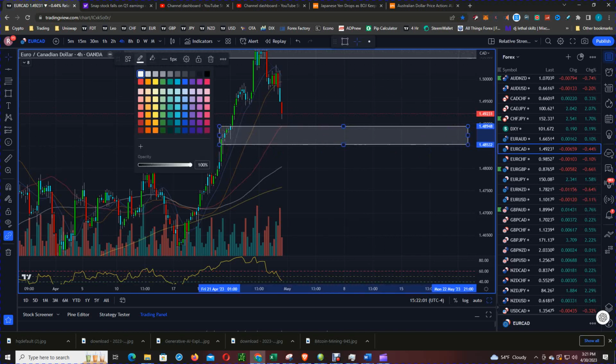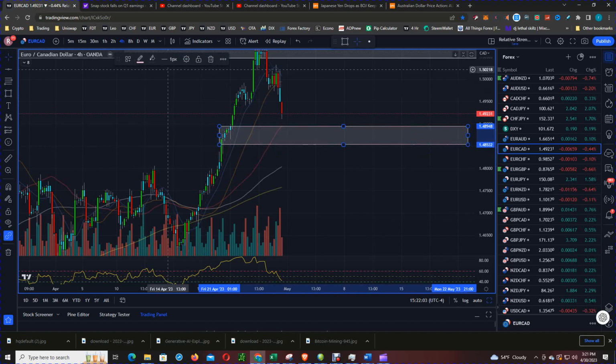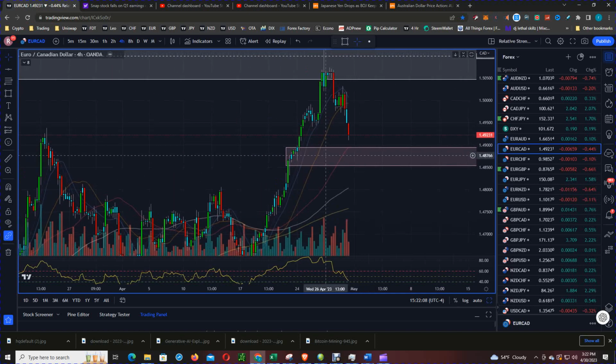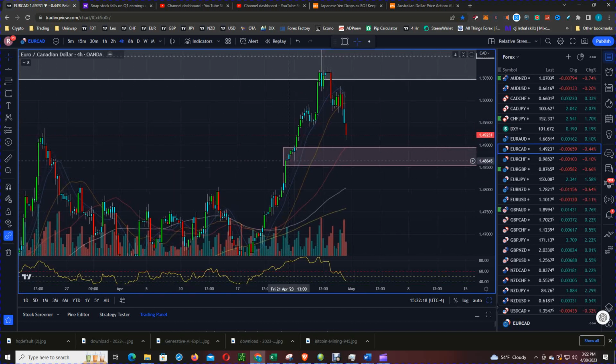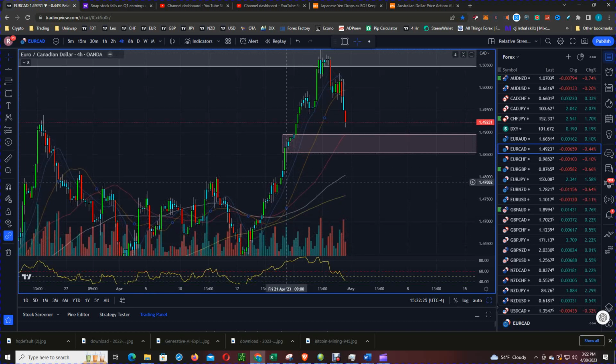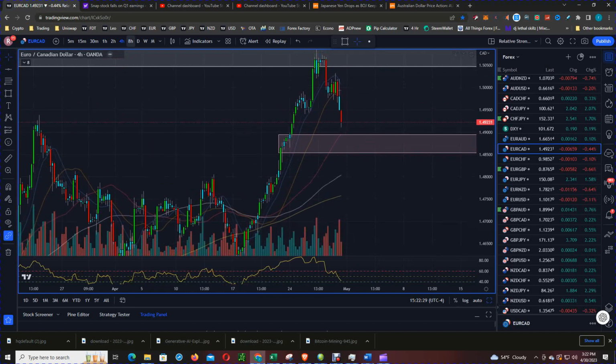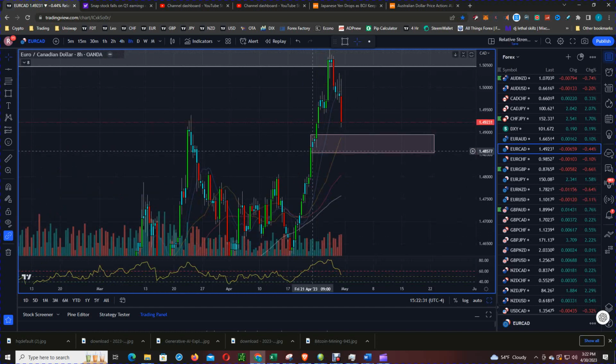And I'm not even going to call it a 4-hour buyer's level, but this was the level where price paused and then screamed higher, taking out the pivot high to the left. Volume was okay. Let's see how that looks like on the 8-hour.